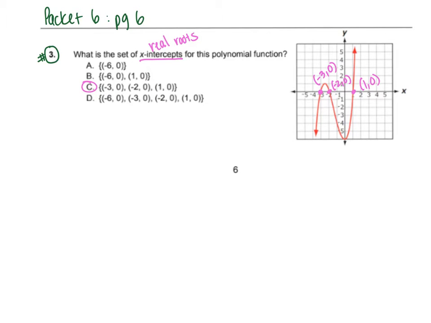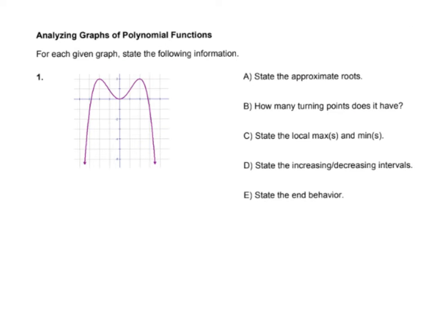up above this page. So we're now going to go into problem number 1 and try to work out some of those problems. So this is problem 1 on page 6, and first it's going to be asking you to approximate the roots. So let me just explain, your project is going to be a very similar type of setup.